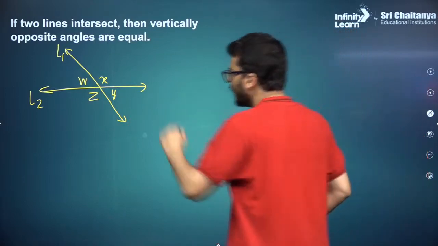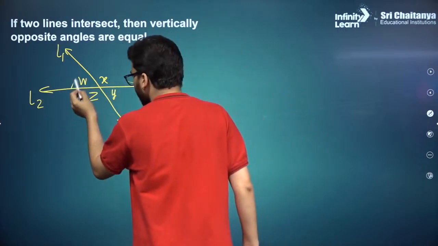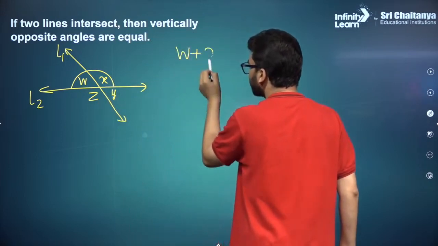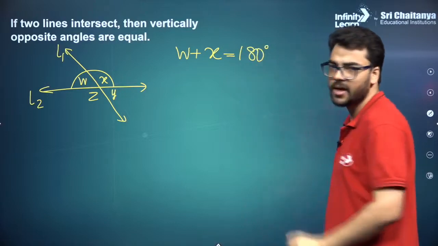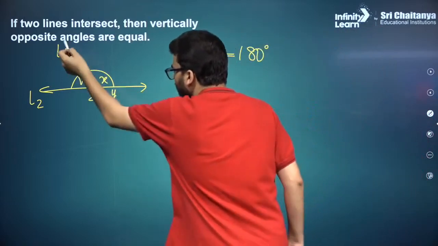So you see, if I take L2 to be a straight line, it is already given in the question. So can I not say that W plus X will be equal to 180 degrees? Because we have studied right now that the sum of the angles formed in a linear pair will be 180 degrees. In the same manner, L1 is also a straight line.